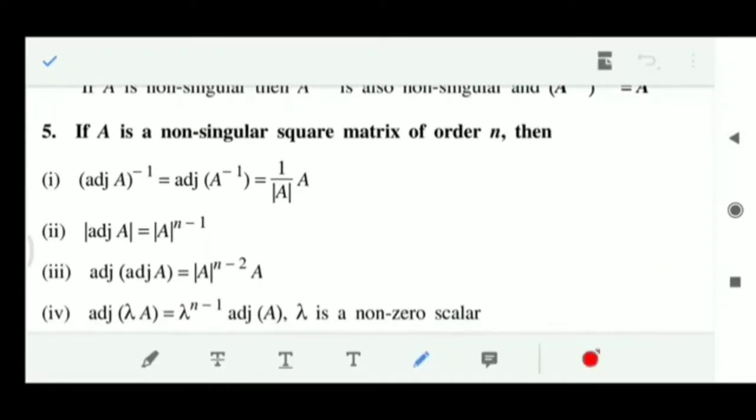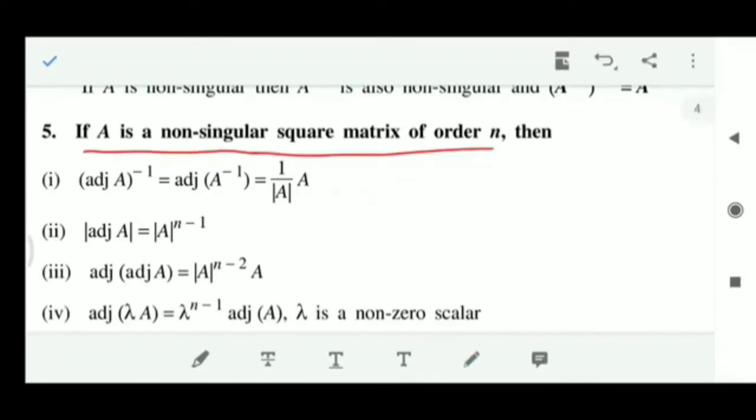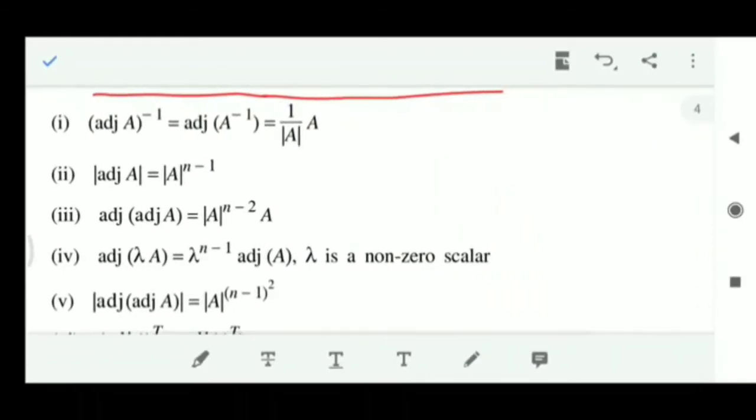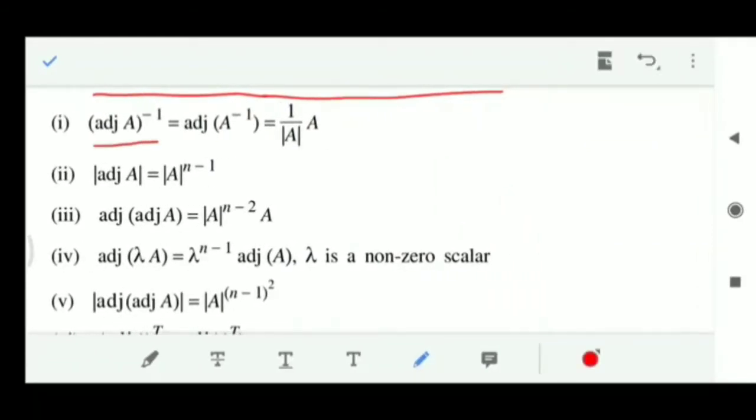Then if A is non-singular, we have some more properties. Adjoint of A inverse is equal to 1 by determinant of A into A. Determinant of adjoint of A is equal to determinant of A whole power n minus 1.